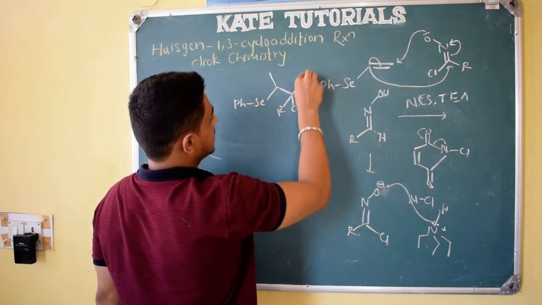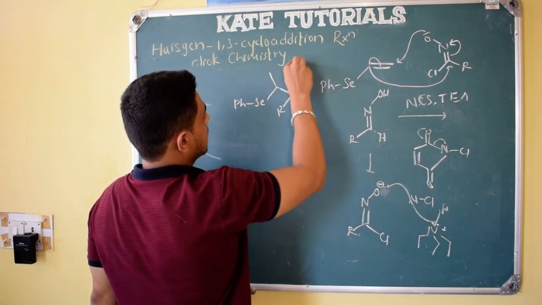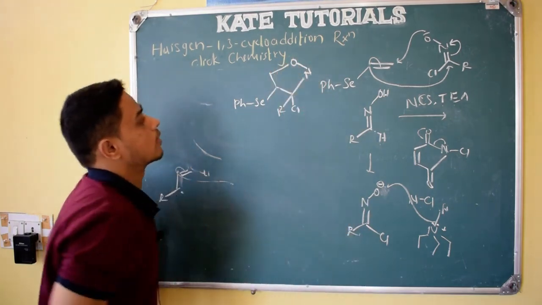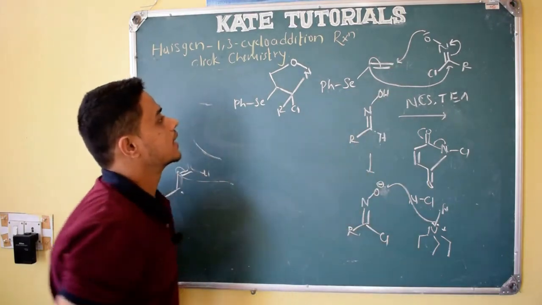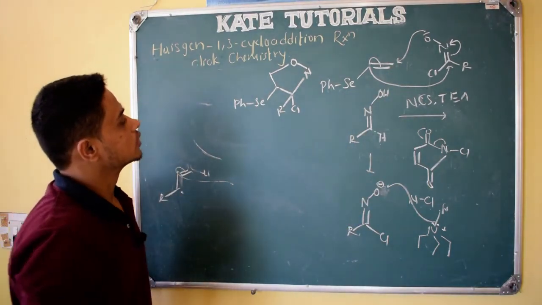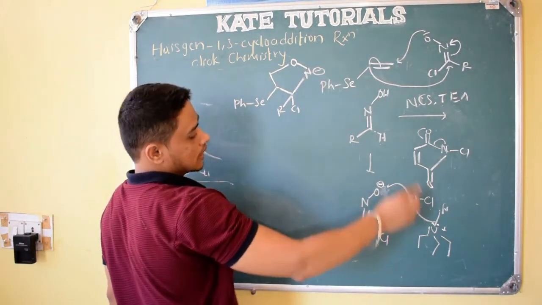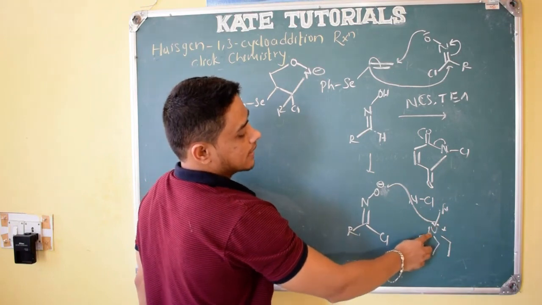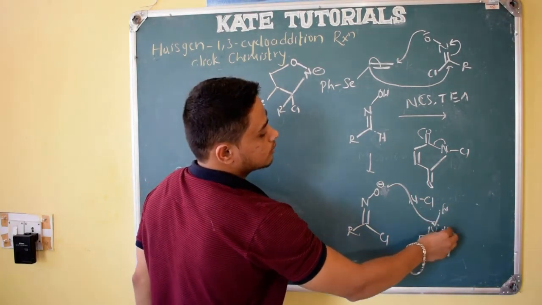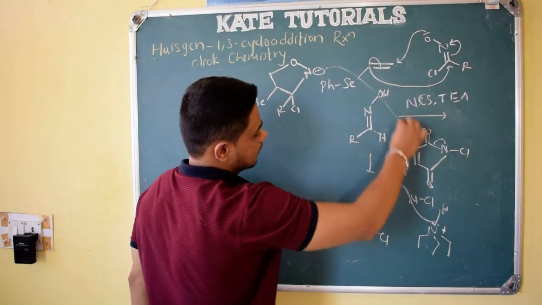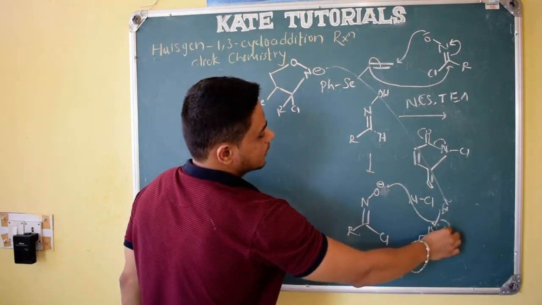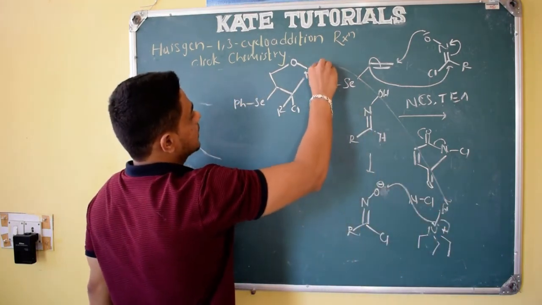And from here it has attached to nitrogen, then oxygen and bonded to this carbon, right? So it's simple. So nitrogen gets negative charge, and from triethylamine proton, nitrogen gets positive charge, right? So it will take the proton from this, and it becomes again neutral, so it becomes NH.